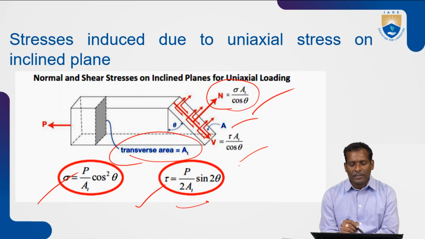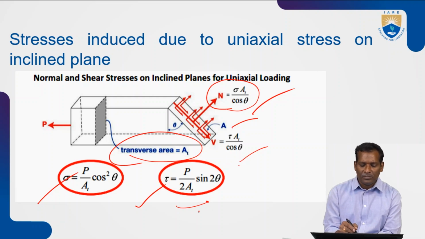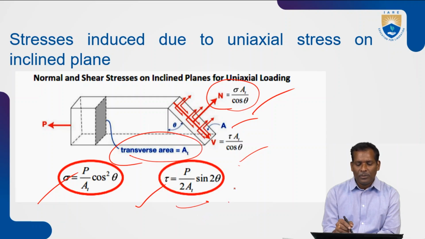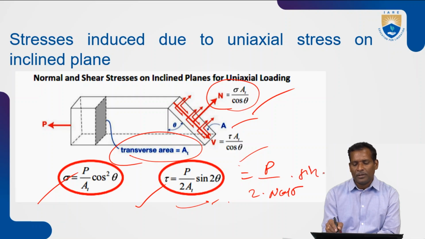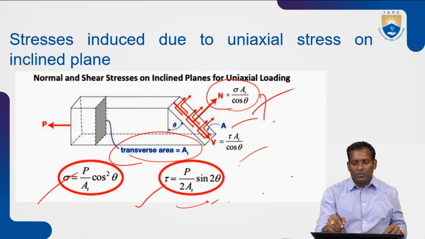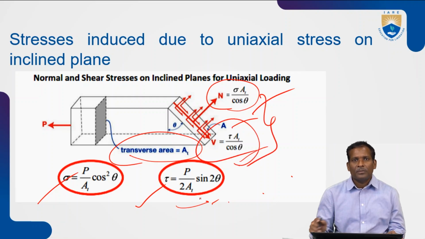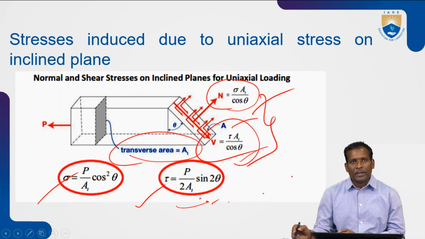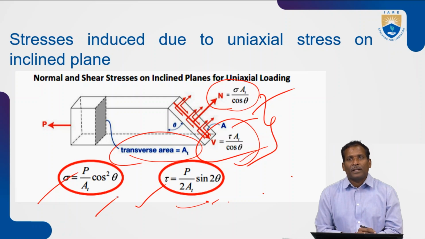Again, P by 2A_T cos theta, sigma into sin 2 theta. You can substitute these two in this, so like this also you can calculate the normal and shear stress.